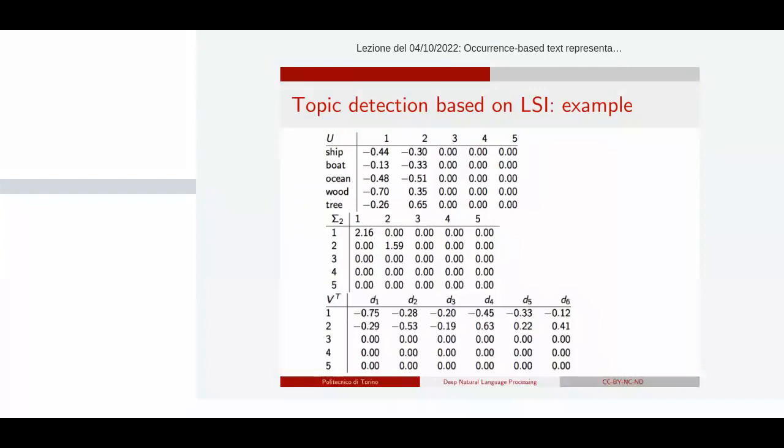One takes value 2.16 and the other takes value 1.59. Of course, the first one is the most important one. We usually sort them in decreasing order.